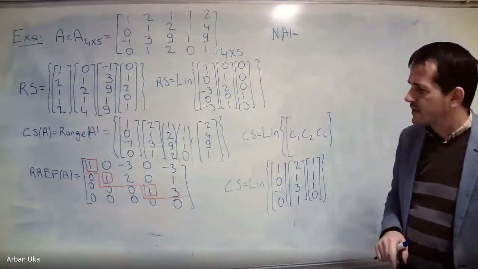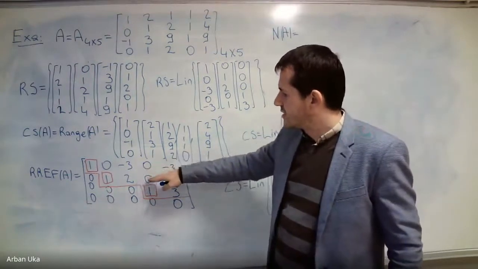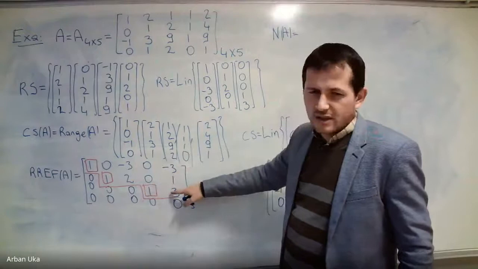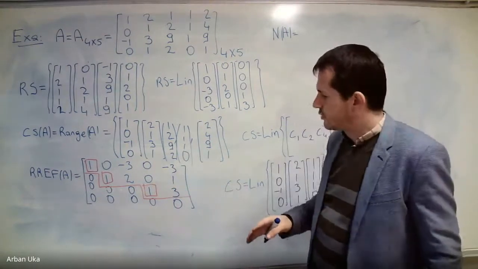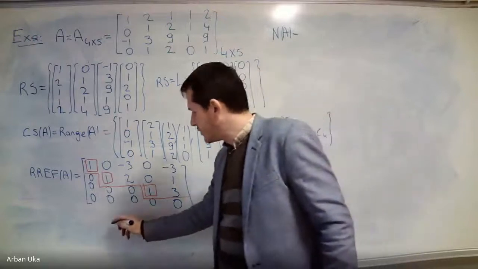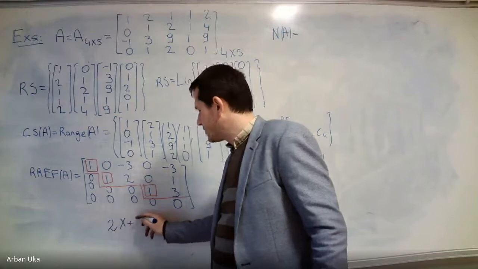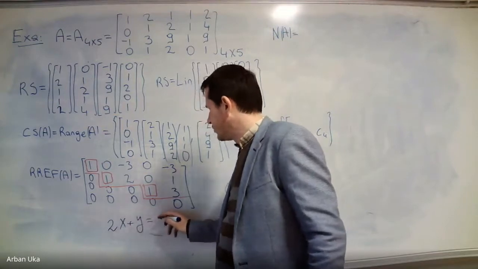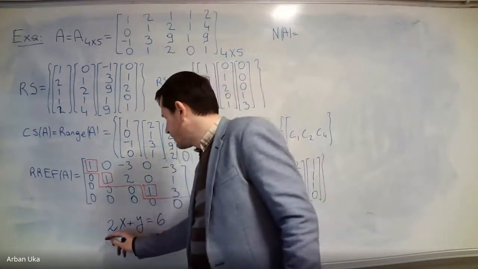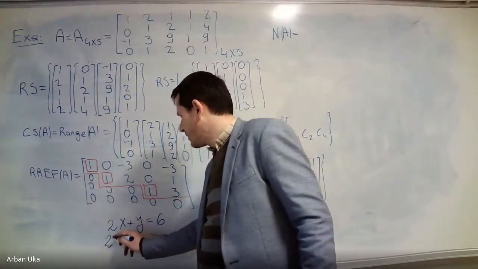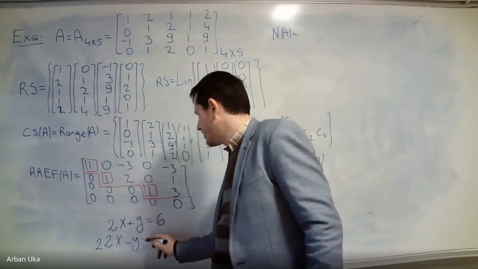For the row space, we can pick these because we obtain them by playing with the rows, and this is equivalent to the original. Let me say the following. Let's assume we have 2x plus y equal to 6, and then 22x minus y equal to 7.